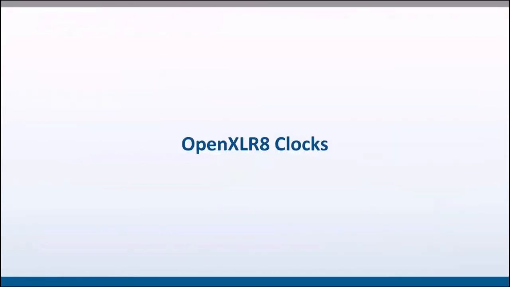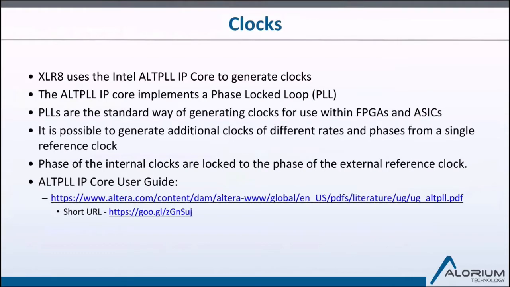Now let's talk a little bit about clocks and their use on Xcelerator and OpenXLR8. Clocks for the Xcelerator are generated using the Alt PLL IP core from Intel. This implements a phase lock loop, which is a standard way of generating clocks for use within FPGAs or ASICs, which are custom ICs.